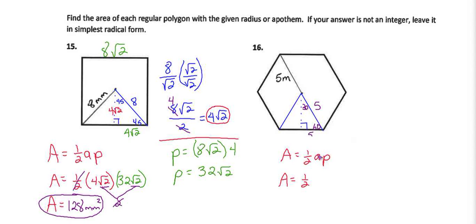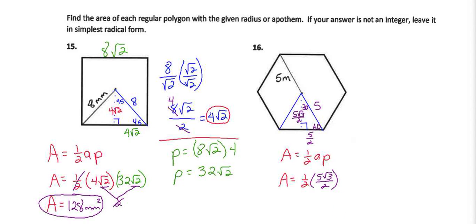I'm going to divide by 2, but instead of writing 2.5, normally we're not going to mix radicals and decimal notation. So when I take half of 5, I'm just going to put 5 over 2, because I know to get the long leg, I'm going to have to take this short leg and multiply by square root of 3. So that gives me 5 square root of 3 over 2. That's the apothem, and that's what I needed here. 5 square root of 3 over 2.